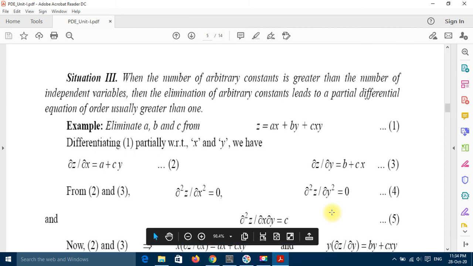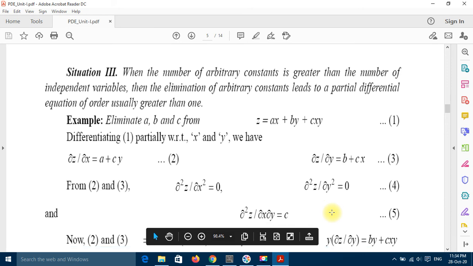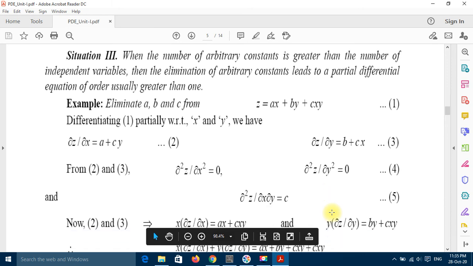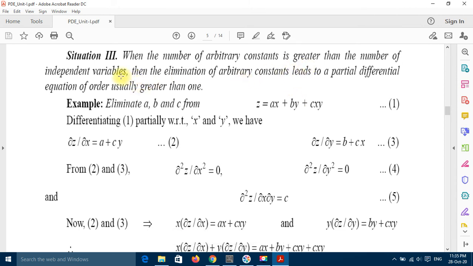Now come to situation number 3, when the number of arbitrary constants is greater than the number of independent variables. It means that if the function is a two-variable function and the number of arbitrary constants is 3, then eliminating the arbitrary constants leads to a partial differential equation of order usually greater than 1.